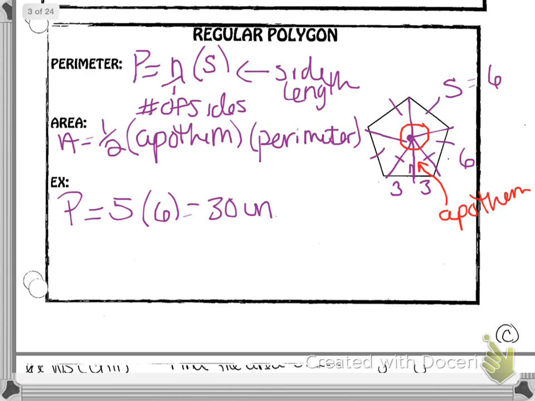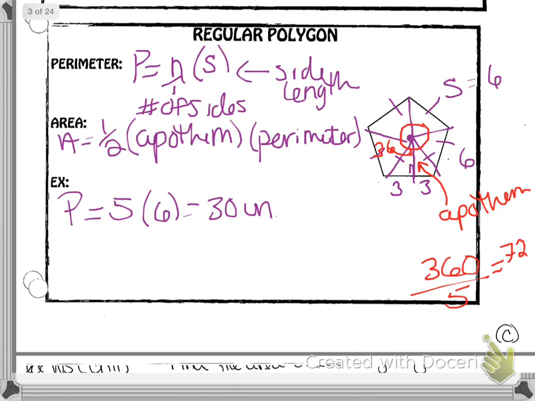If you have 360 divided by 5 different angles, we can find out how big each top angle would be. 360 divided by 10 would give me 36, so 360 divided by 5 gives me 72. And then we see that each of those is actually split in half by this altitude. So the angle up top here is going to be half of 72, or 36 degrees.